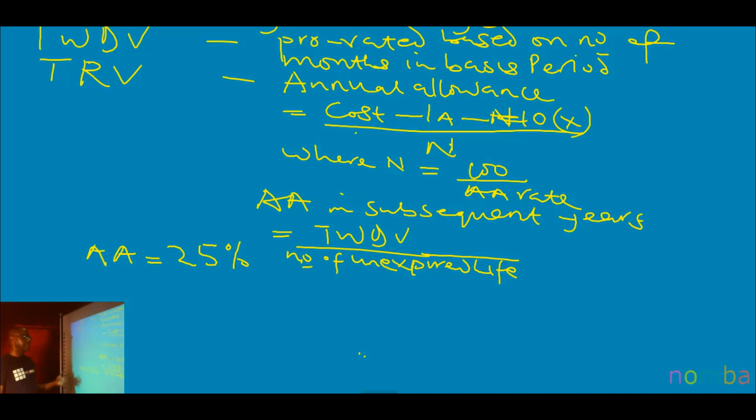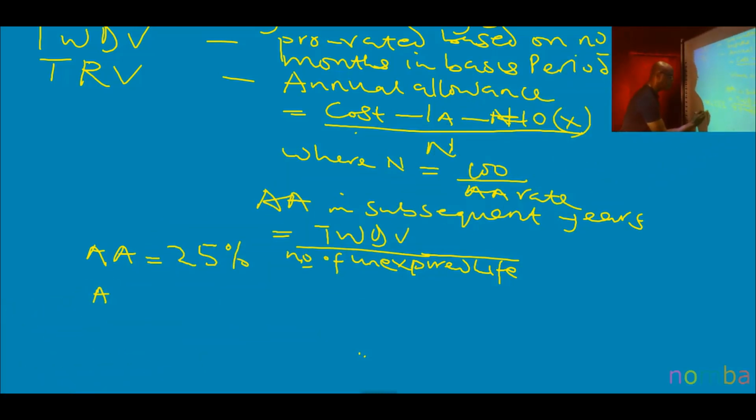Then suddenly we are told that after 2 years, the AA rate is now changed to 20%. 20% will give me 5 years. That is 100 divided by 20 will give me 5 years. So what happens? How do you work out the AA?